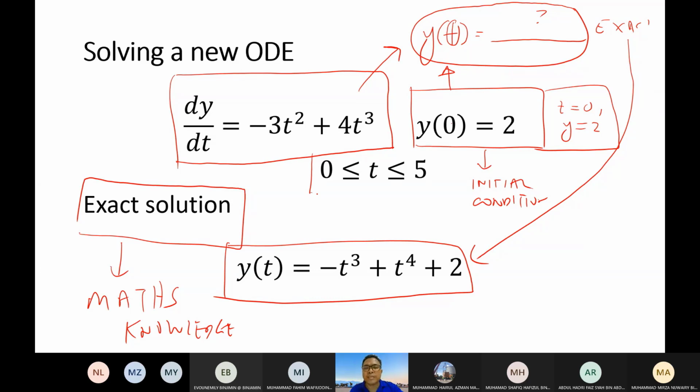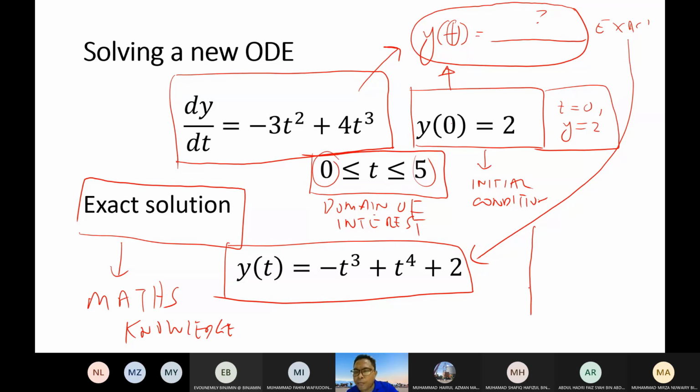And the third sentence below here is giving you the domain of the solution. The domain of interest, from what range to what range we want to solve our y. So here the solving domain is from 0 until 5.